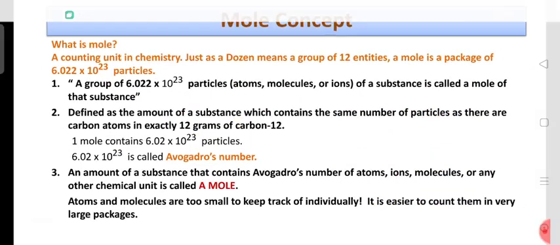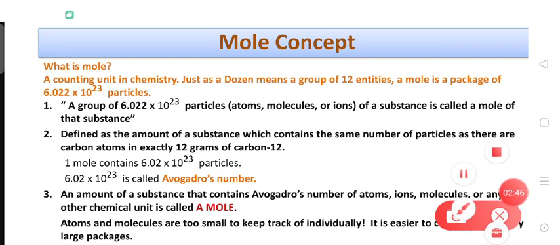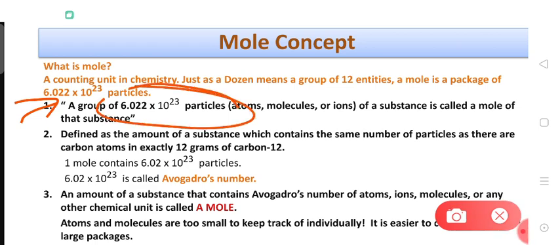That means again they are telling the same thing as it is written here. So the amount of any substance having this much number of particles is 1 mole. So we can say that 1 mole contains 6.022 × 10^23 particles. And you know this number is called Avogadro's number because this concept was given by Avogadro, a scientist.